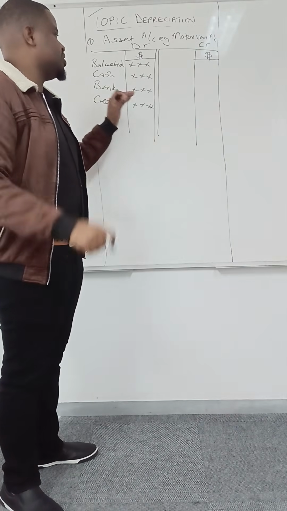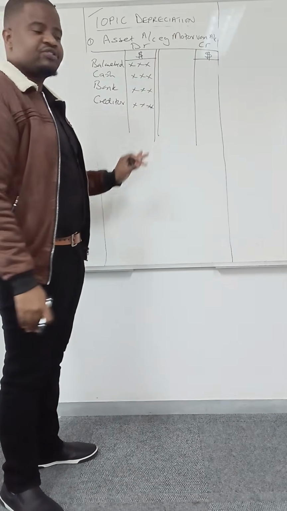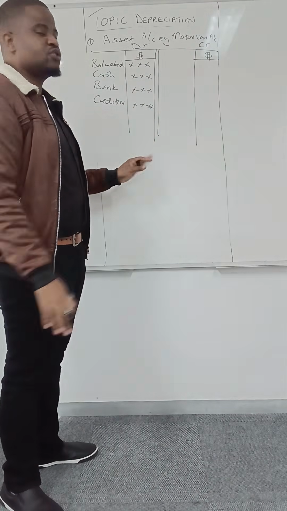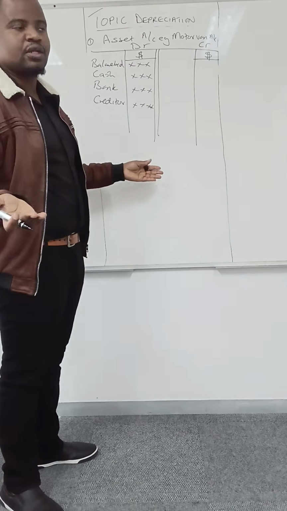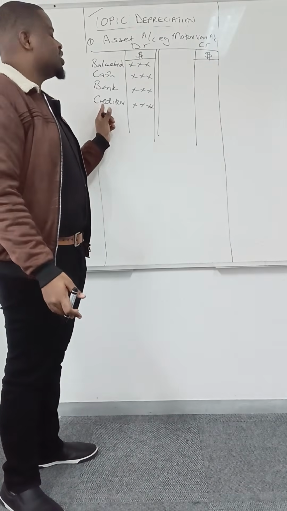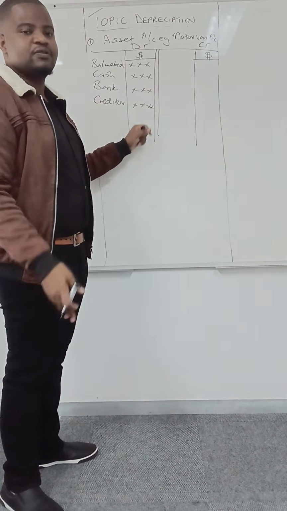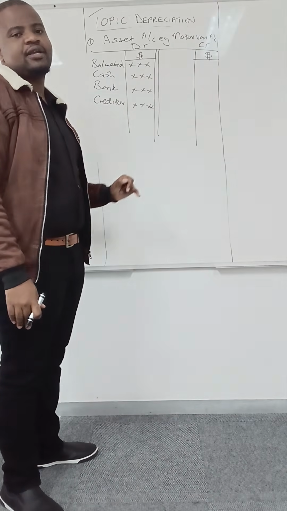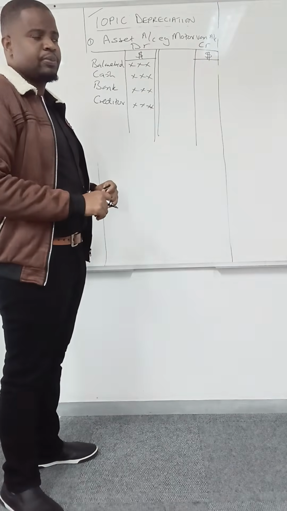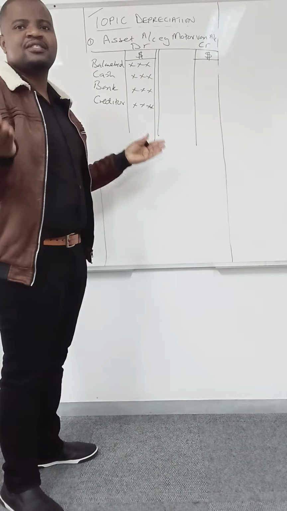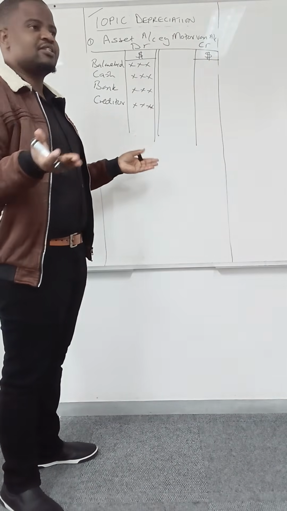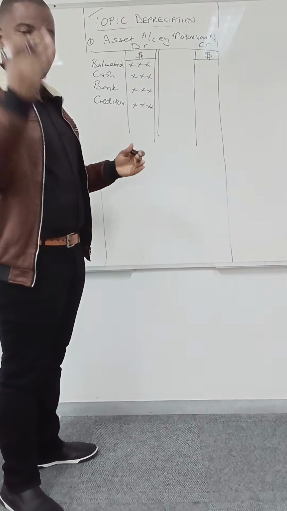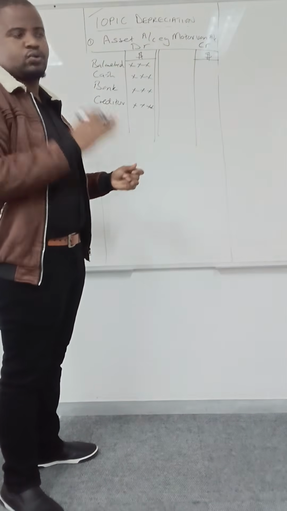Even if the amount is right, your asset account will not balance. If you buy an asset, let's say 10,000 on credit, and you write cash 10,000, the 10,000 is correct, but your details are wrong, so you are not going to get your mark. That is where depreciation goes wrong. The learner will say they knew that when we purchase an asset we record on the debit side. You knew, but your details were wrong.